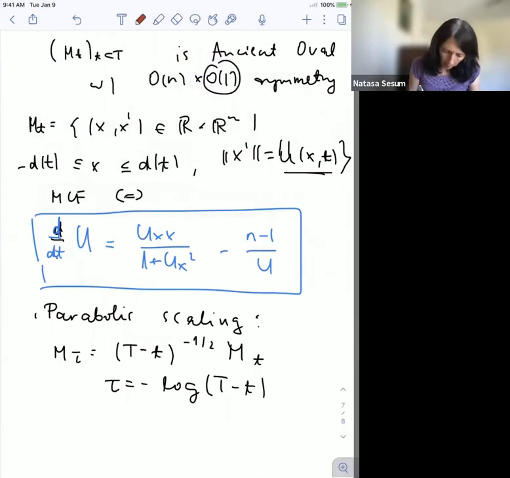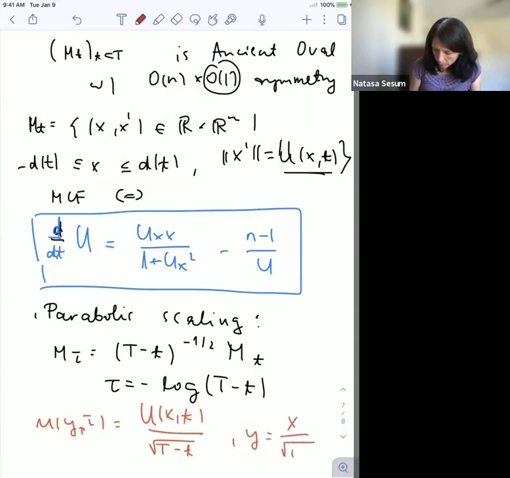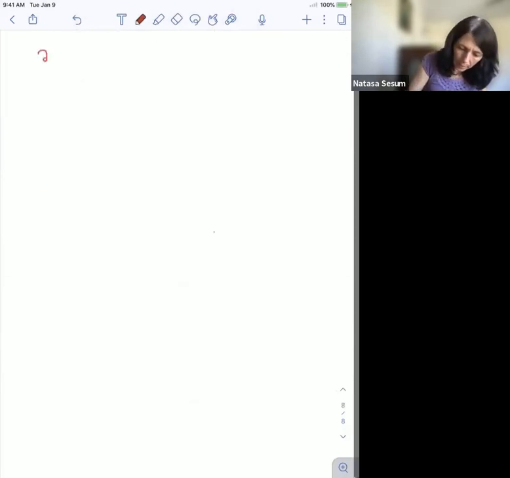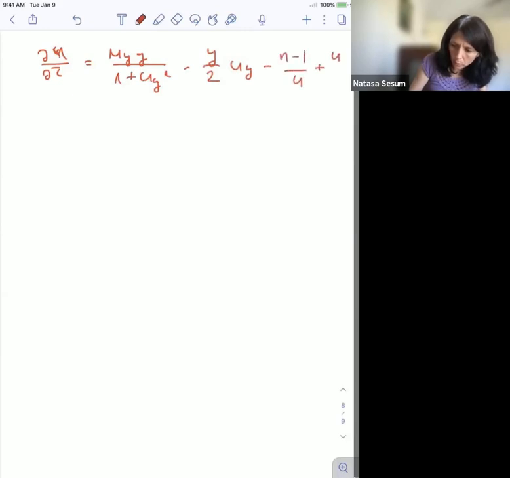So my little u of y comma tau, which is the rescaled profile function, is big U of x comma t divided by the square root of t minus T, and y is x over the square root of t minus T. So this is how the profile function scales, and then the equation that it satisfies is du/dtau equals u_yy over 1 plus u_y squared minus y over 2 u_y minus (n minus 1) over u plus u over 2.